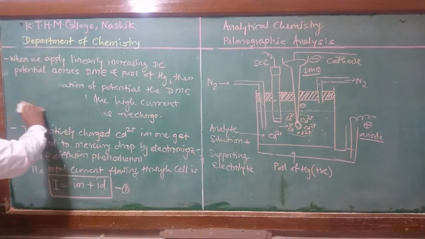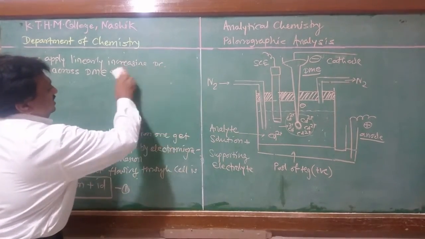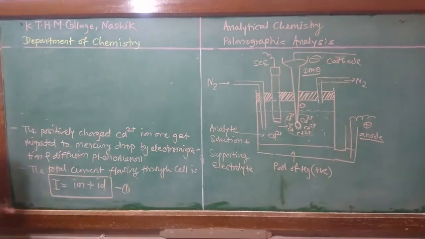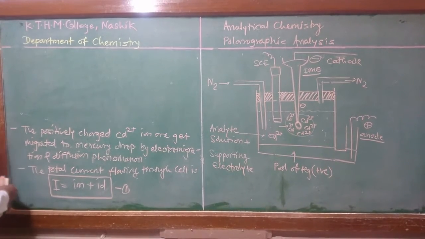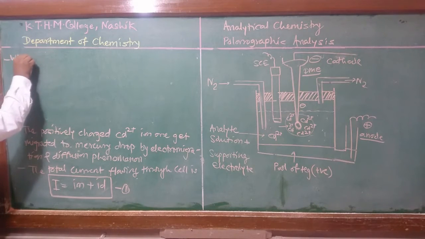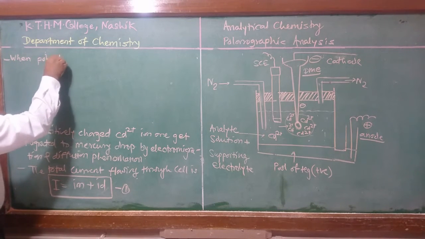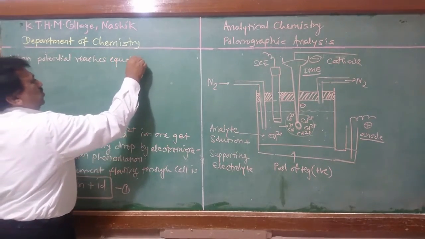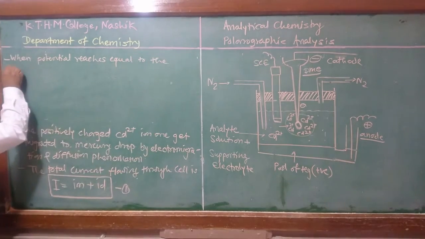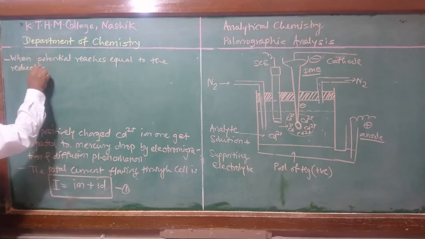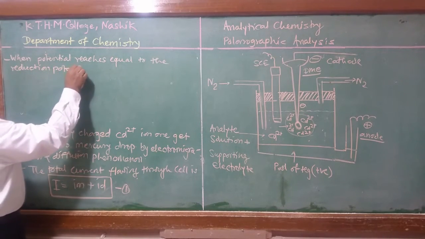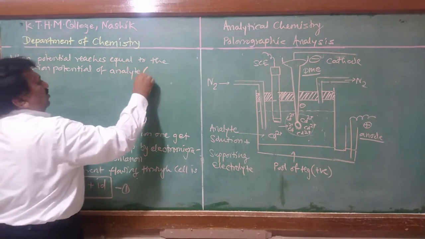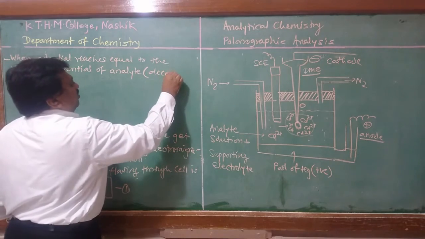Now, polarographic analysis is carried out in a quiescent analyte solution, therefore there is no convection current, as we already discussed. When the potential reaches the reduction potential of the analyte, this potential is called the decomposition potential.